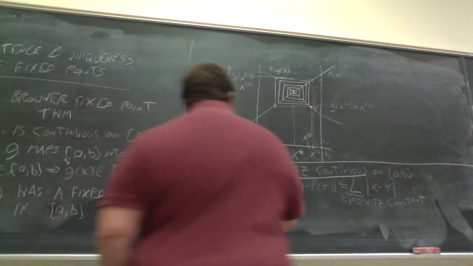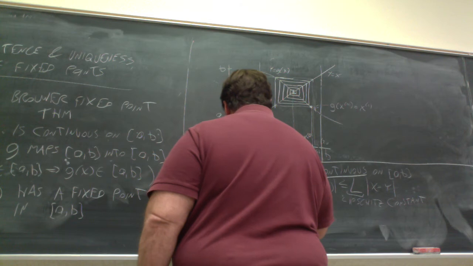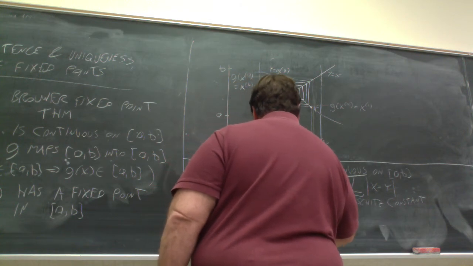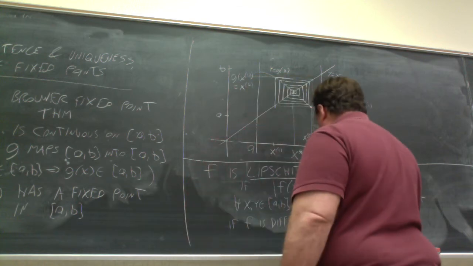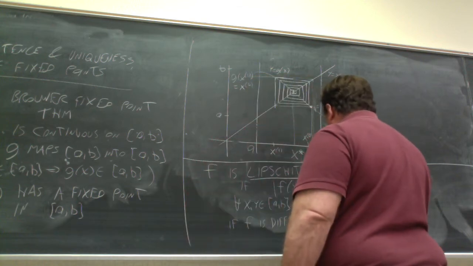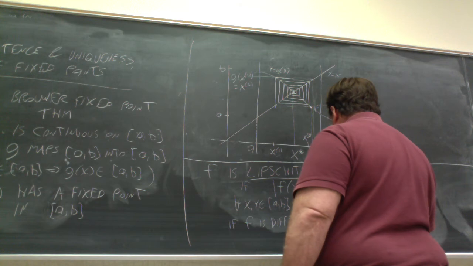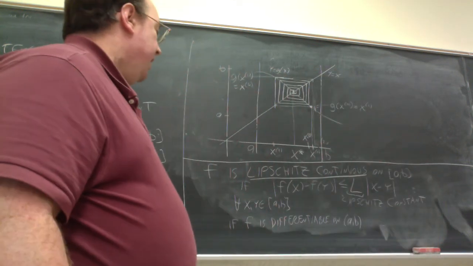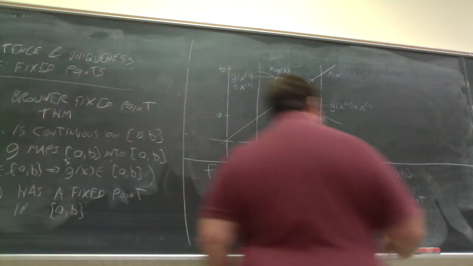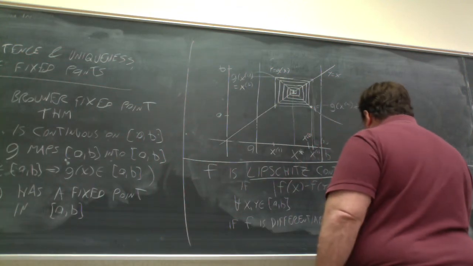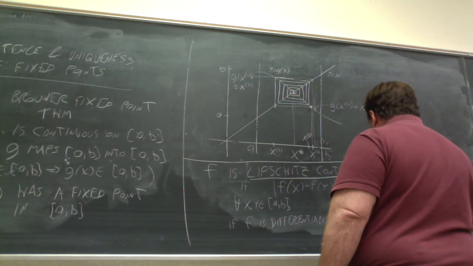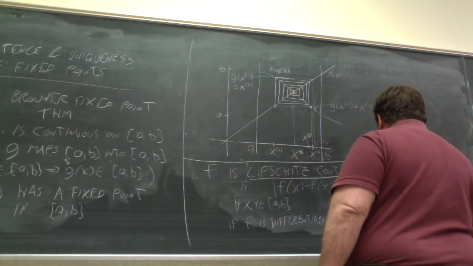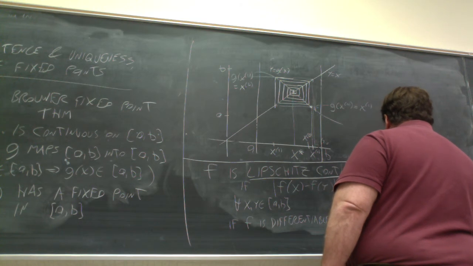Now, if f is differentiable on the open interval (a, b), then we can say that f of x minus f of y is equal to f prime at some value in between times x minus y.